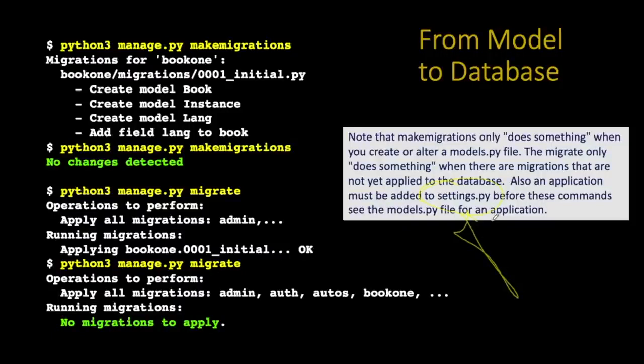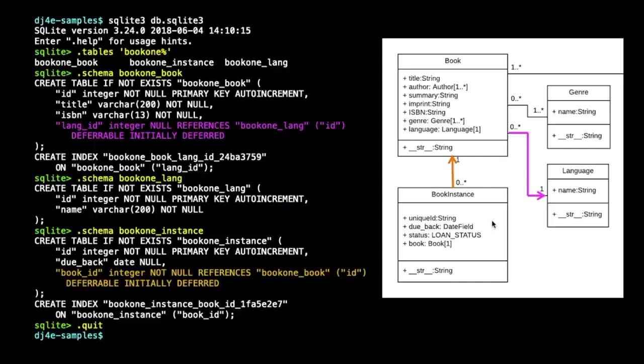You might have edited a models.py file and changed it, but if the application is not in the settings.py, then it won't be detected. So makemigrations is reading through all the applications listed in the settings.py, checking for deviations between models.py and the migrations. It might be easier just to show you these things. I'll show you those in a second.